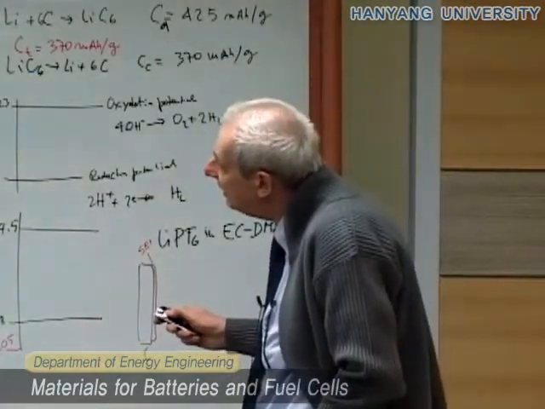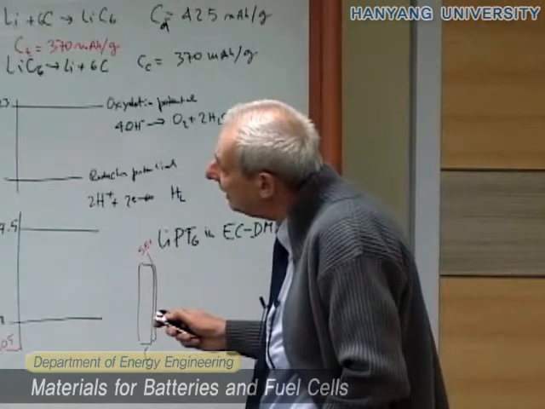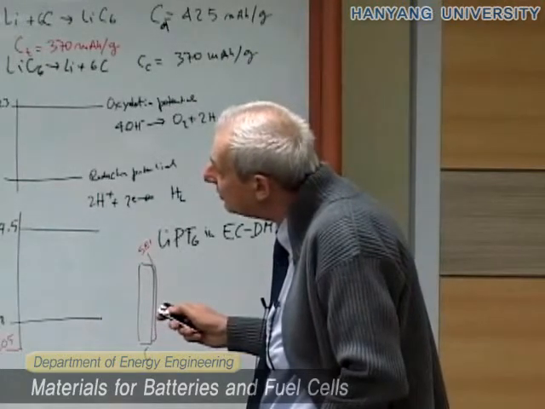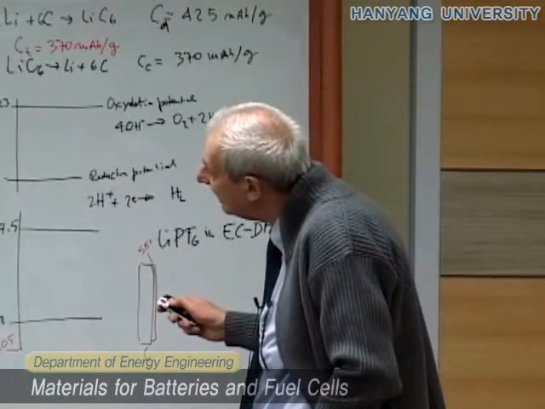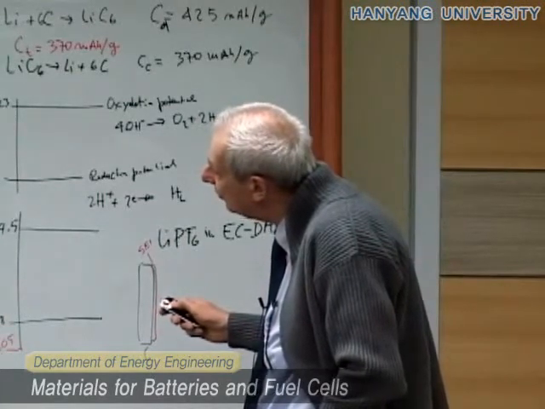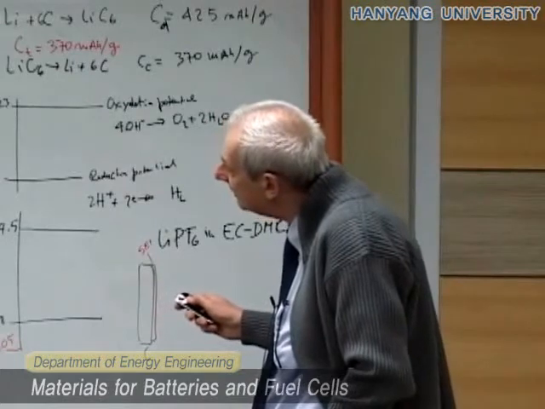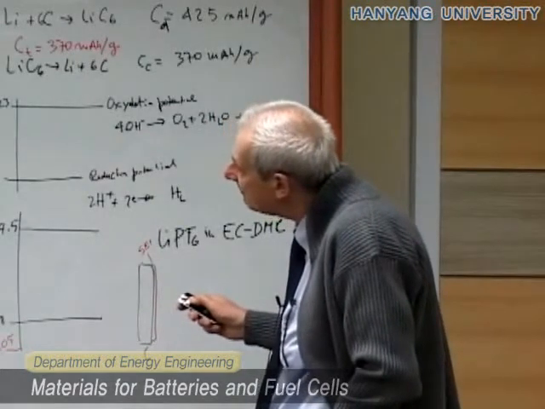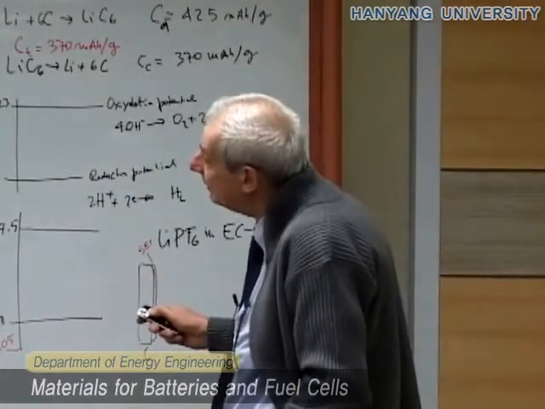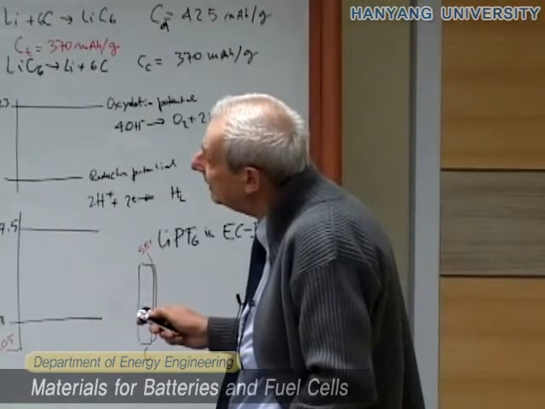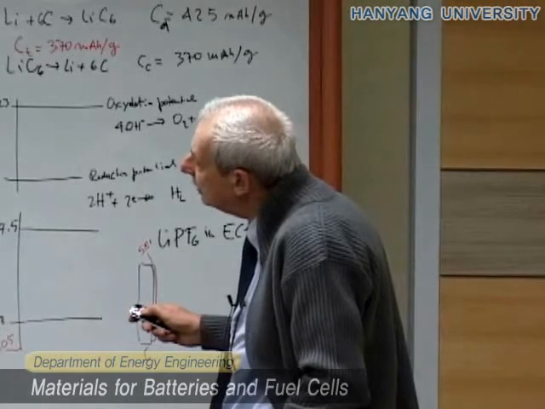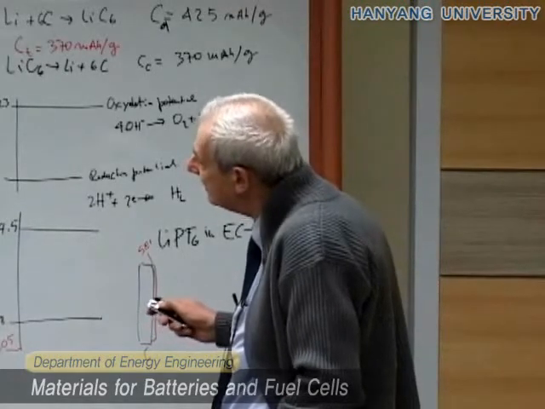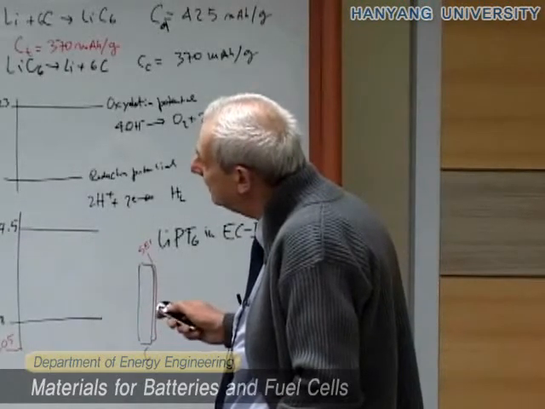So if lithium enters in the solvated form, there is a deformation of the layers here. However, then what will happen is that the lithium may lose the solvation, and we have just a blister. Or more simply, the lithium ion will lose the solvation molecules and enter as naked lithium.